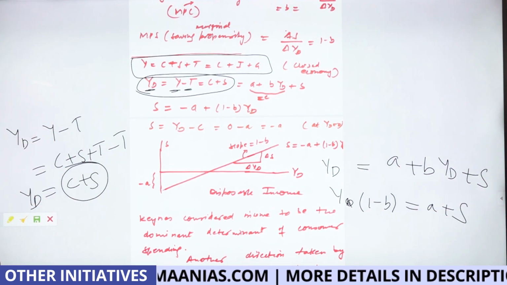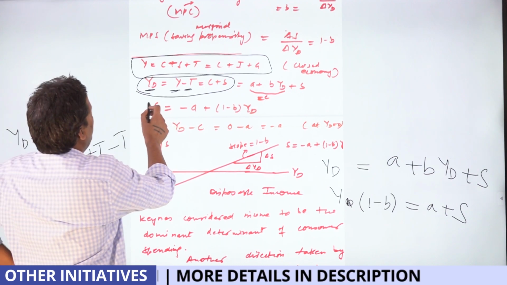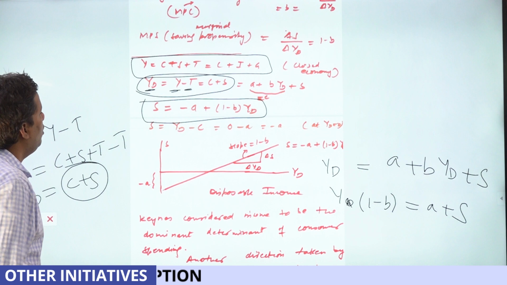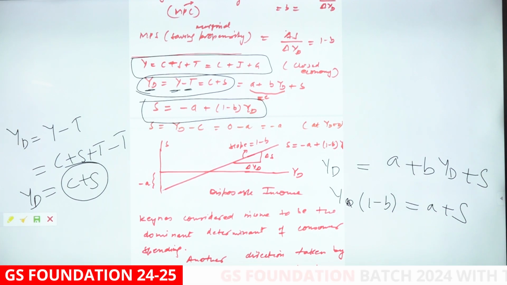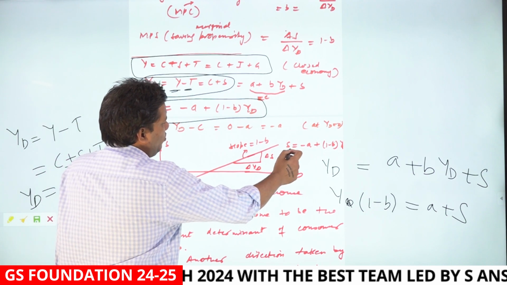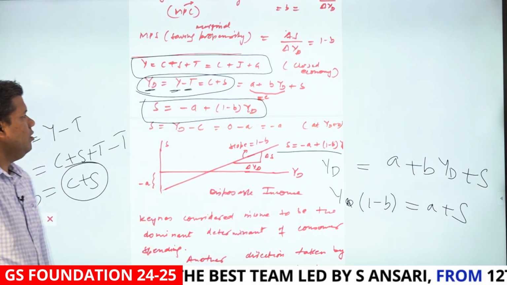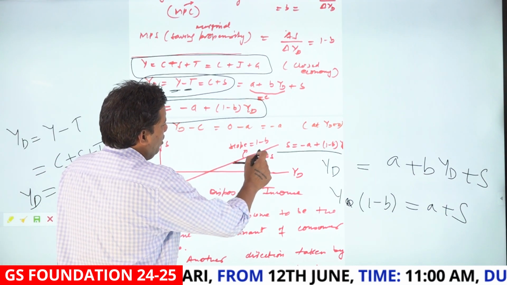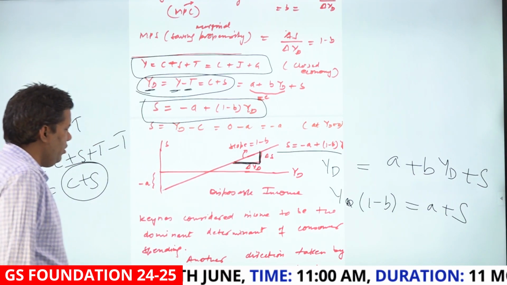Now, similarly, from here you got the saving. Saving is equal to minus A. Okay, so now here we have just plotted delta S to delta YD. This is disposable income. This is your saving, change in saving.